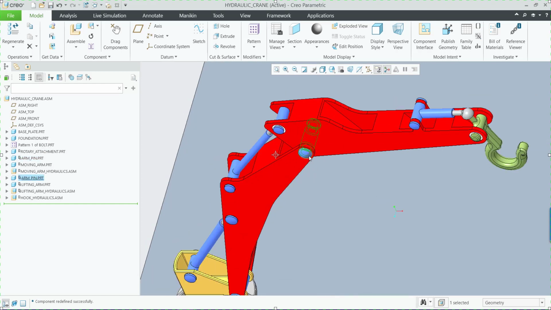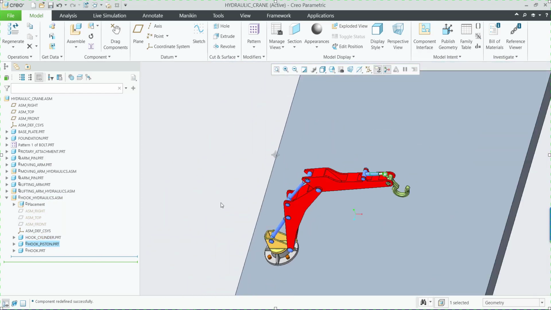So with respect to this arm pin, I can create the pin connection for this lifting arm, and for the lifting arm hydraulics I can again convert it to the slider connection having proper motion limits, and same I can do with the hook hydraulics, wherein the same kind of slider connection I will have between hook cylinder, this part, and hook piston, this part.